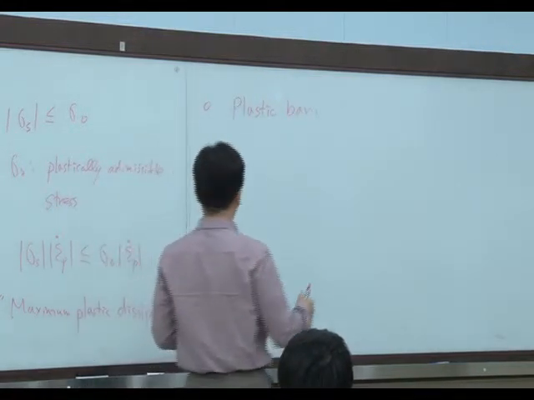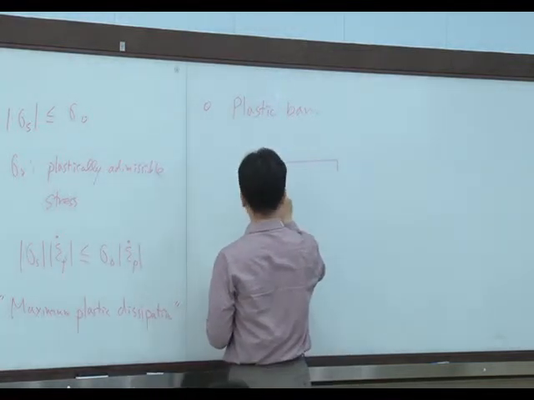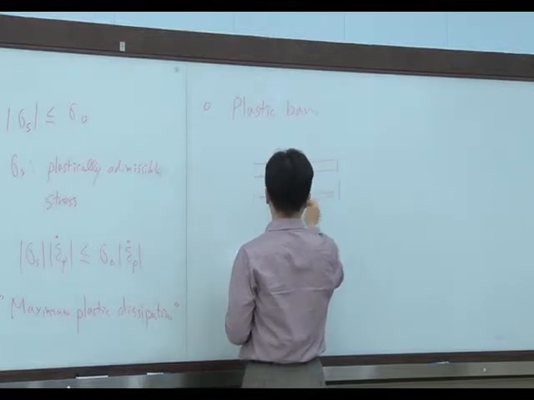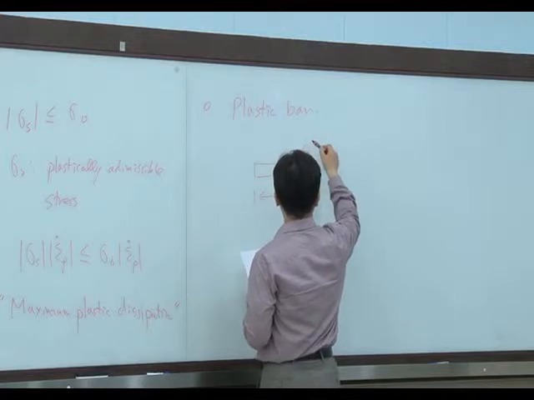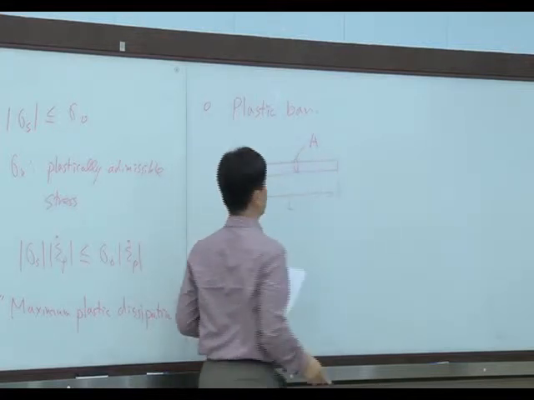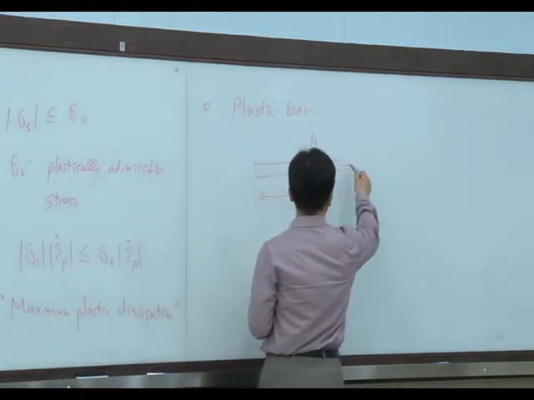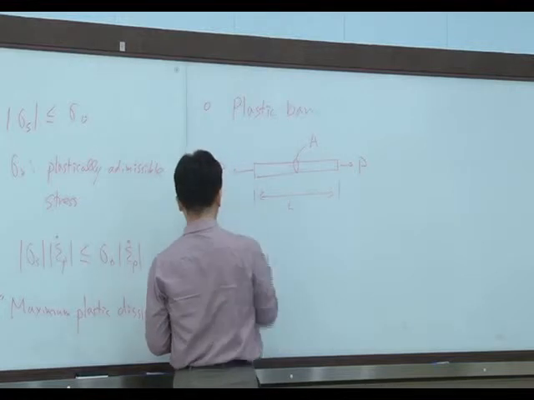Okay, so here, let's say we have a bar of length L, which is a prismatic bar, so it has a constant area A, and P is the applied force.